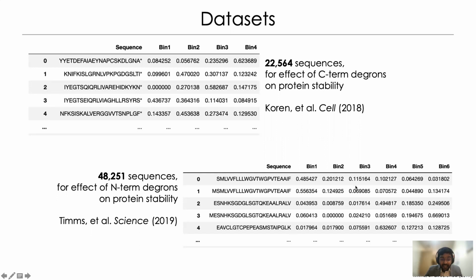And even in this case, for the N-term degrons on protein stability, if you notice these two sequences, again 2 and 3, the entire sequence is the same except the addition of a methionine amino acid at the earlier end.